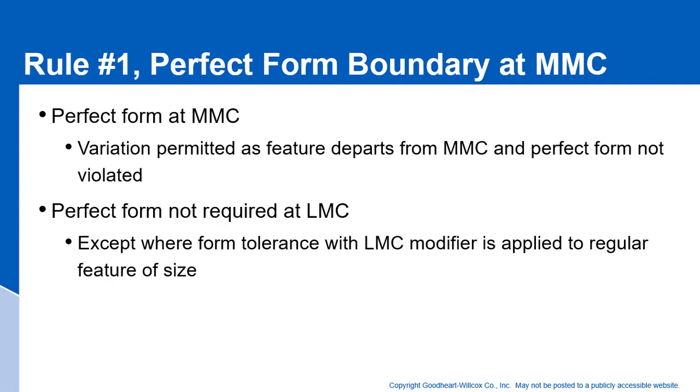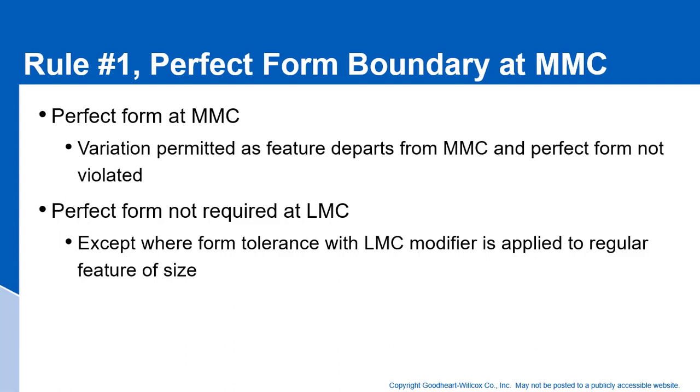Okay, let's talk about rule number 1 a little bit. So perfect form at MMC is required. So the variation is permitted as the feature departs from MMC, and perfect form is not violated. When we talk about perfect form boundaries at MMC, this has a lot to do with how GD&T works, especially when you're using MMC modifiers.